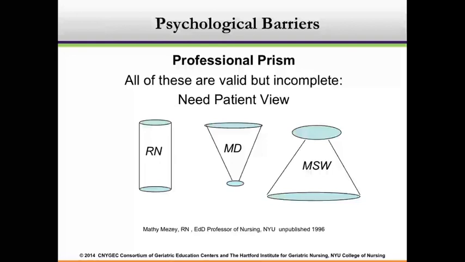And for social workers, we see societal issues. We see that nobody loves them, they don't have enough money, they can't get downstairs. And each of these views is valid about the person who's not eating and has nutrition problems, but each of them is just insufficient, and you need the patient's perspective.